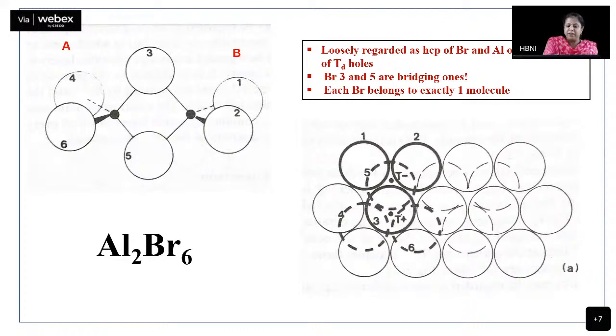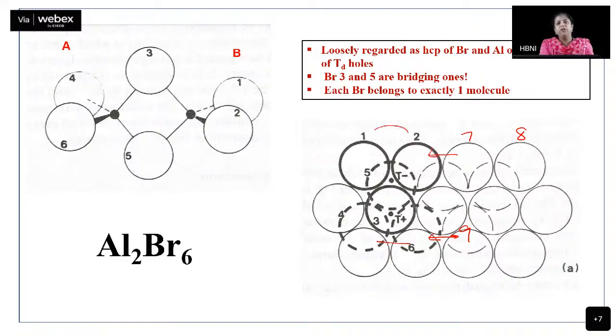Okay. Similarly, next to 1 and 2, this 7 and 8 are also there, right? Similarly, आपके 4 और 6 के बाजू में ये dotted 9 भी है, लेकिन 6 is not bonded to 9 as strongly as it is bonded to 4. Similarly, 7 is not bonded to 2 as strongly as 2 is bonded to 1.